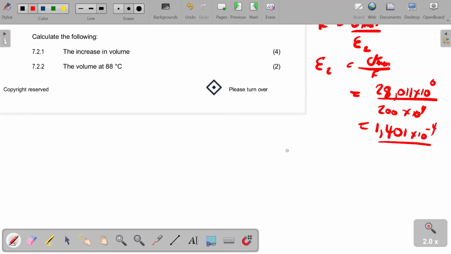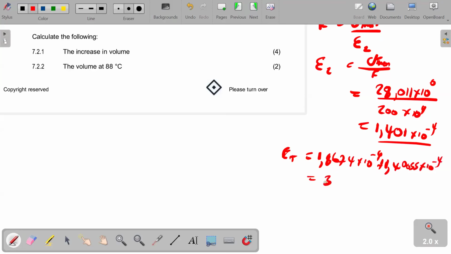Okay. Now, therefore, total strain is going to be given by 1.8674 times 10 to the power of -4 plus 1.401. This value actually before you round is 1.4005. So we may use that which is not rounded off directly, 1.4005 times 10 to the power of -4.